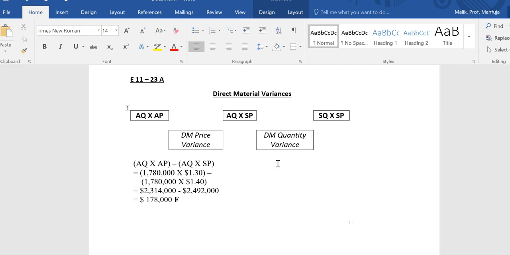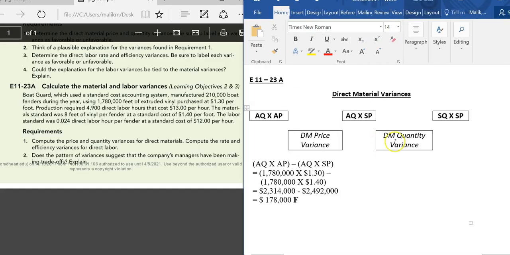So now if you see here how to do the direct material quantity variance, we will actually use the formula AQ times SP, which is our second box, and then we will subtract the third box from here, which is SQ times SP.